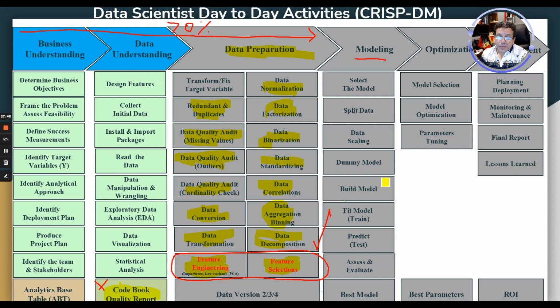If in your data you have 3% missing values, or 5% or 1% of your data has missing values, do you need to impute with the mean or mode or median? We are not going to impute. It's just 10%, 5% or 1%.